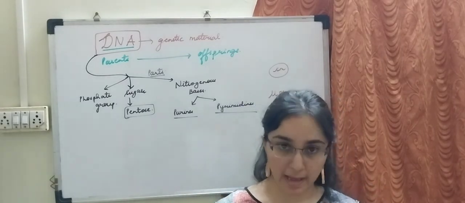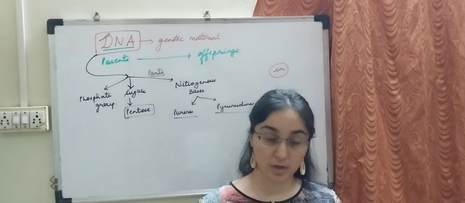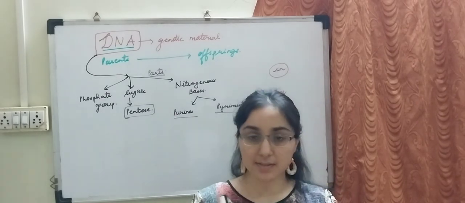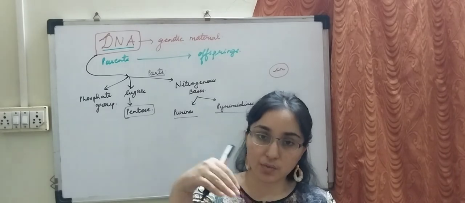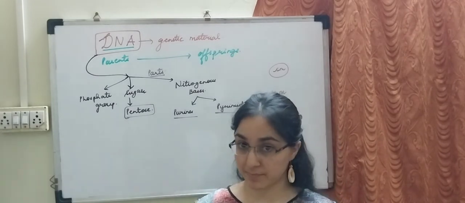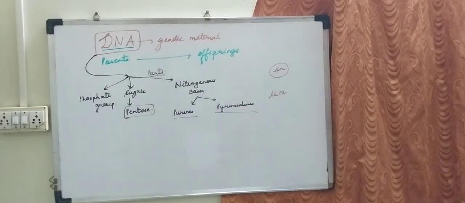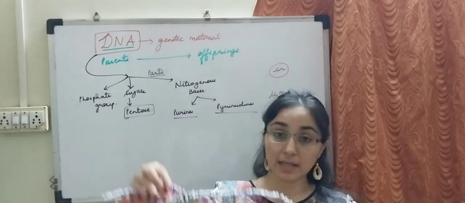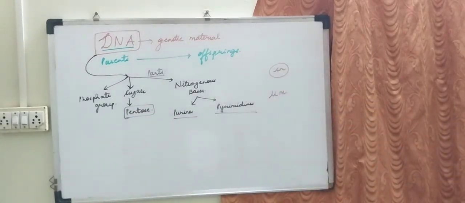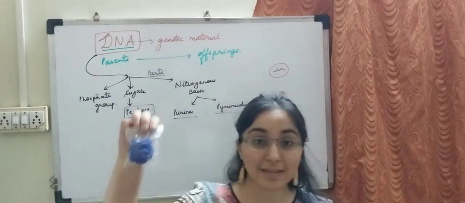Now I will take one example. Suppose I have a small bag and I have a huge, very long sari. So I have to fold the sari to fit it into that bag. In the same way, if we have this long DNA which is in centimeters, that is to be packed like this.